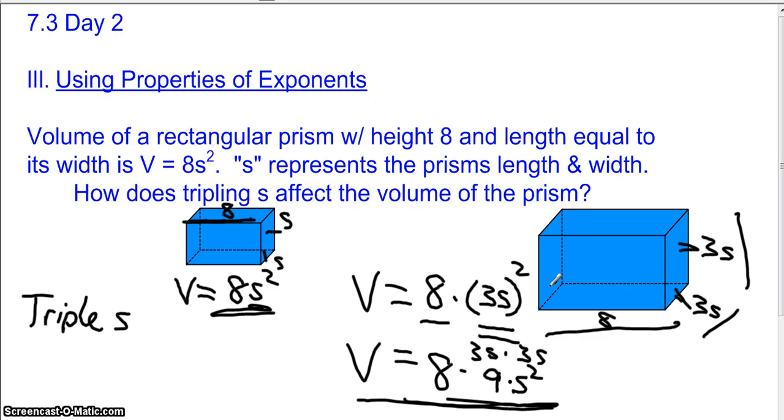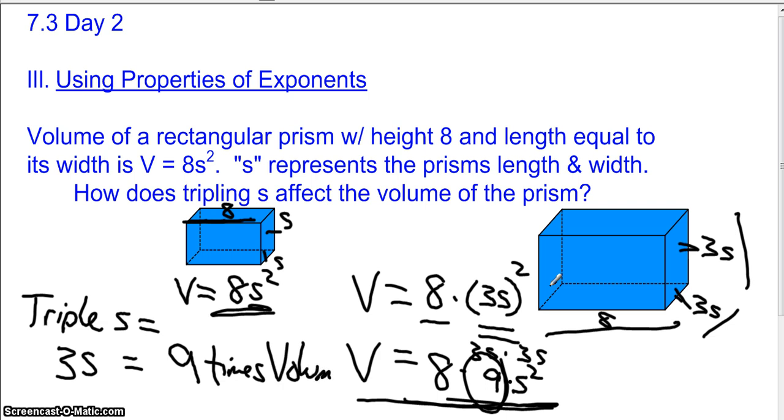Triple S equals how much more volume? How much more times the volume? 9 times the volume. Okay? So 3S equals 9 times the volume. Not just 3 times the volume.